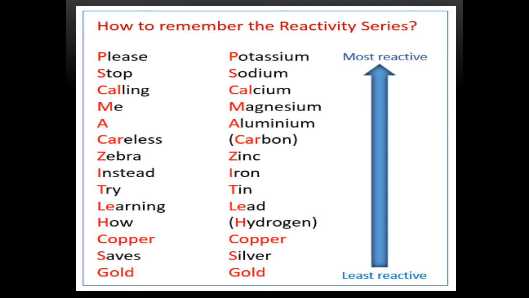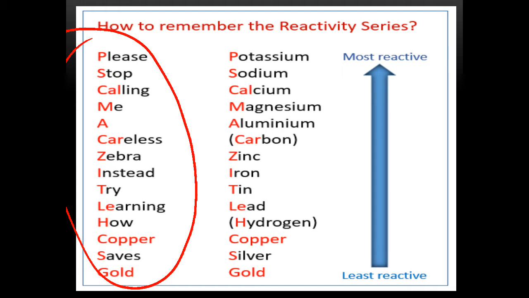So we see it's a long series, so it's not easy to remember. People make mnemonics which are helpful in learning this series, using the beginning letters with new words made into a sentence.